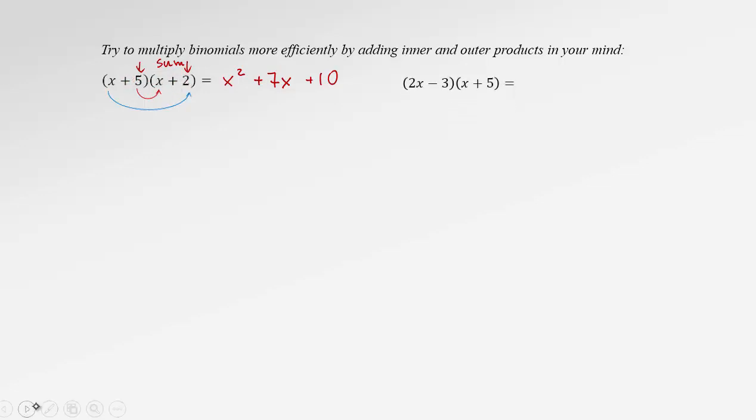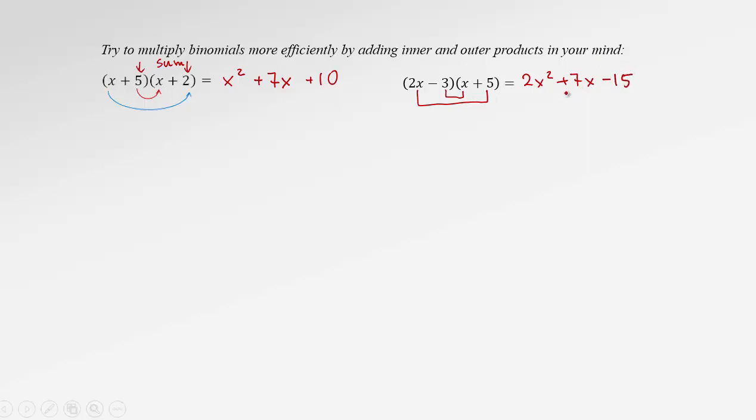Let's see another example. Here, let's multiply the first terms, 2x squared. And the middle term comes from multiplying the inner and the outer terms and add them up. So inner is negative 3x, outer is 10x, so 10 minus 3 is 7x. And finally, negative 3 times 5 is negative 15.